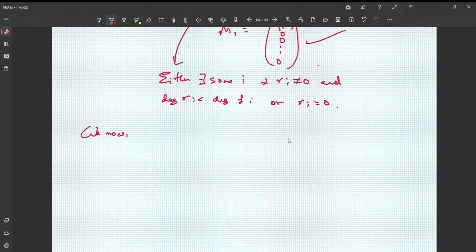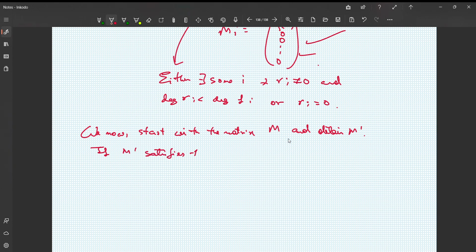Now what we do is that we start with the matrix M, and obtain M dash. M dash is what we spoke of just before writing the statement. Okay, now obtain M dash. If M dash satisfies this form, that the first column is of this form, then we are done, right?